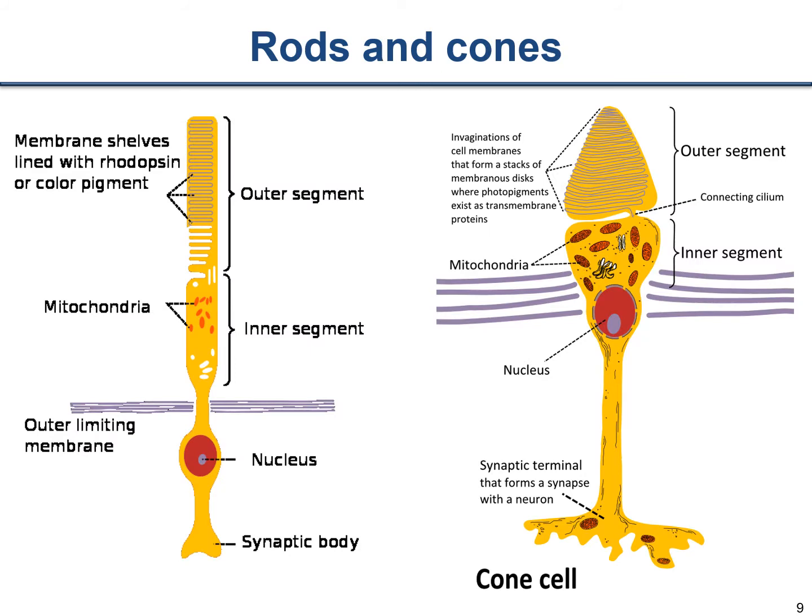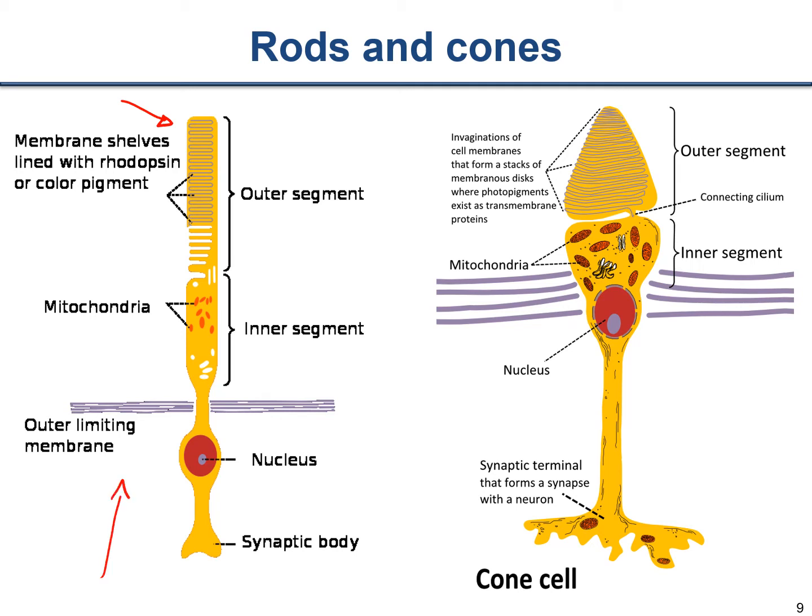So here's a cartoonish diagram, if you will, of what these rods and cones look like, rods on the left and cones on the right. And these are basically just two different types of large cells. Light will hit these areas here, although of course the light is coming from this direction over here.